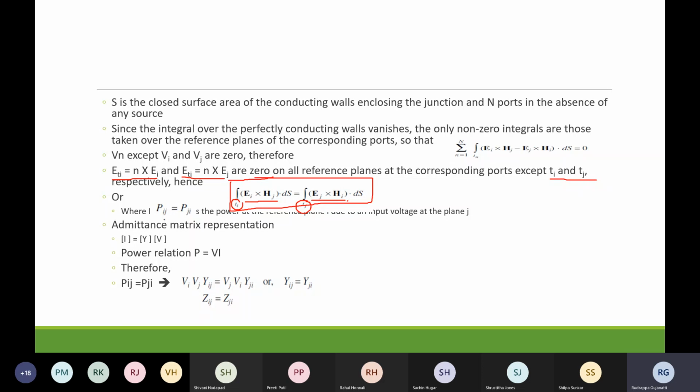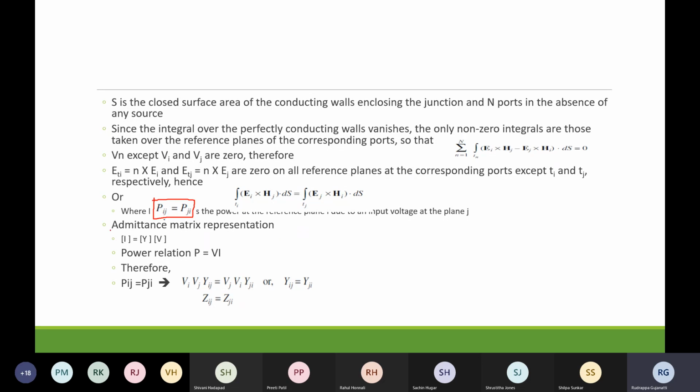Now in previous sessions, when we were discussing antenna aspects, we saw multiple things like the power theorem and other topics. So it is again in correlation with those aspects. We observe that the power at port ij, that is from i to j, will be equal to the power from port j to i.